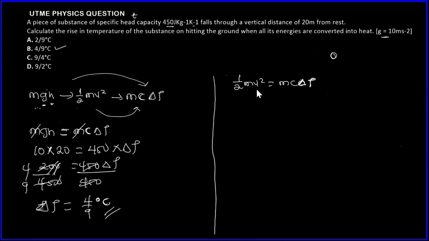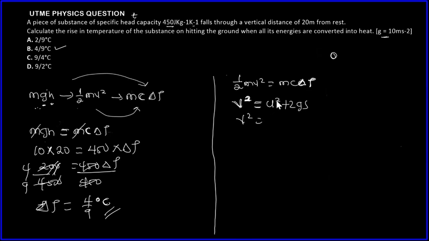Let's just quickly try this to see if we'll get the same answer. So half mv squared, let's look for the velocity of the substance as it was moving. We can use the equation of motion: v squared equals u squared plus 2gs.